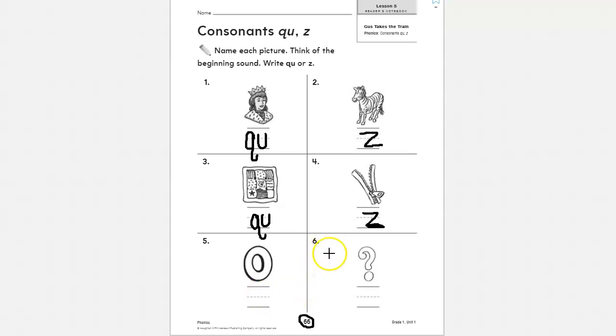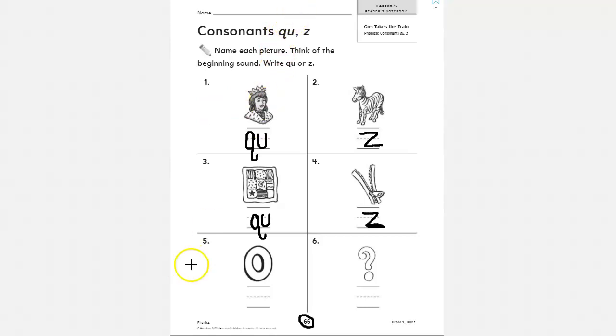And number 6, we have a picture of a, what do we call this? Do you know? It is a mark that goes at the end of our sentence when we ask a question. This is a question mark. So does question mark begin with the qu sound or the z sound?